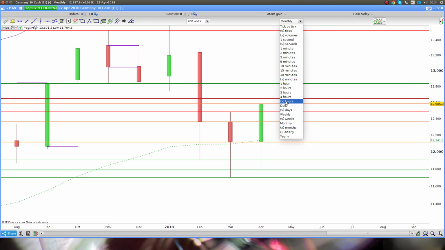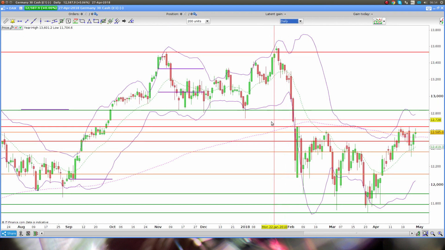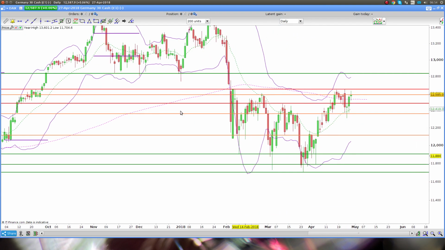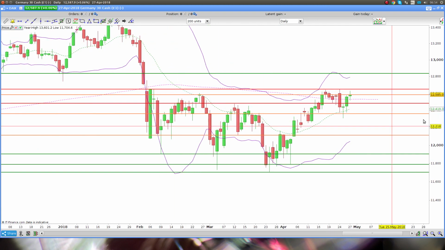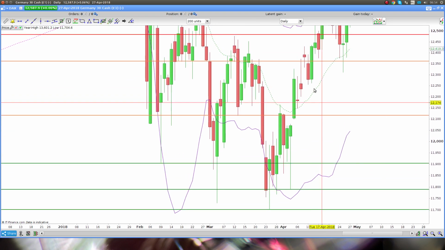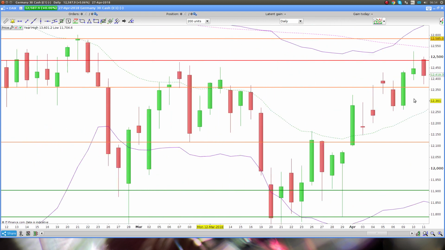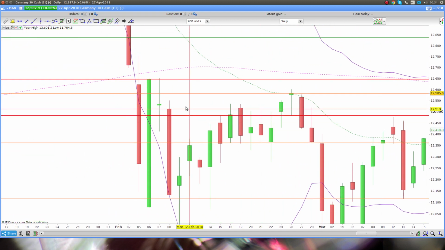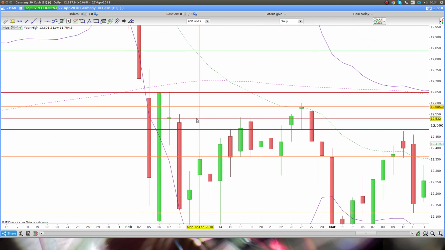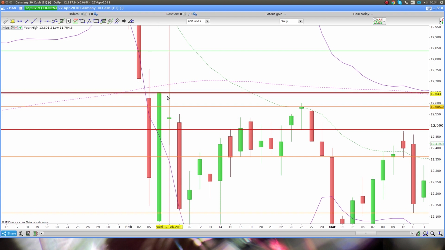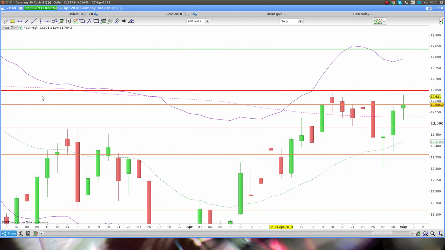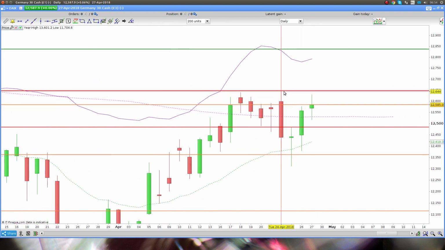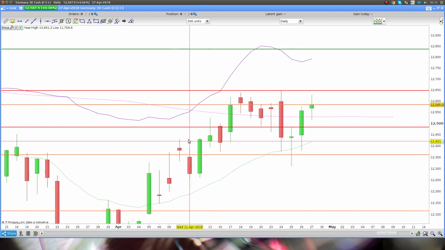Okay, let's go all the way down to the daily now. And now we have a whole lot of lines sitting here. But we're going to zoom in and have a look at what's going on here. Can you see how this resistance level was used twice, 3 times, 4 times?